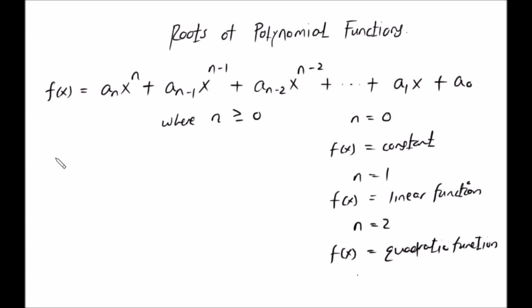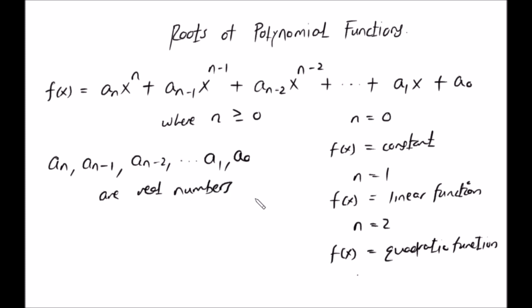So hizi an minus 1, hizi coefficients, hizi a1 na a0 hizi ni real numbers. Nakupa tu sifa za a polynomial function.